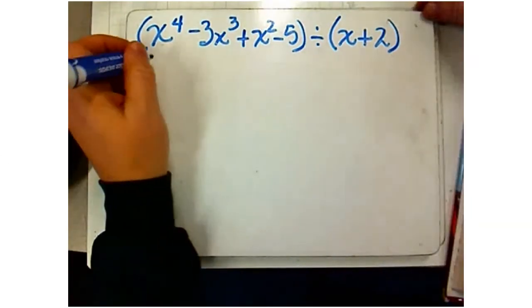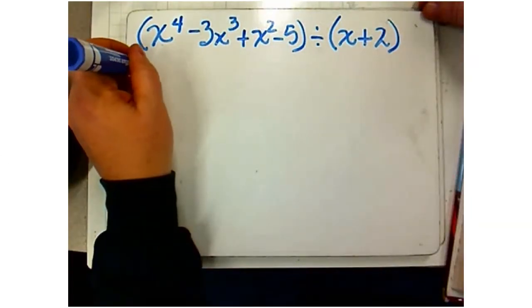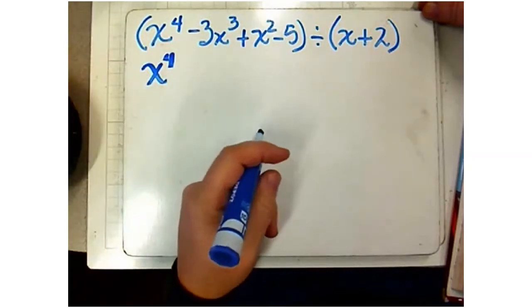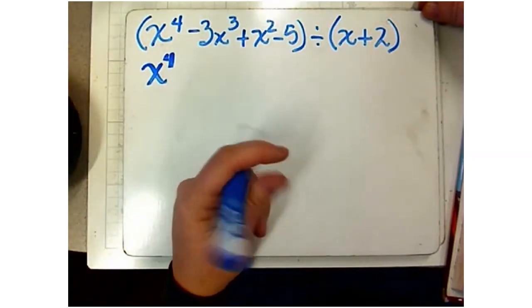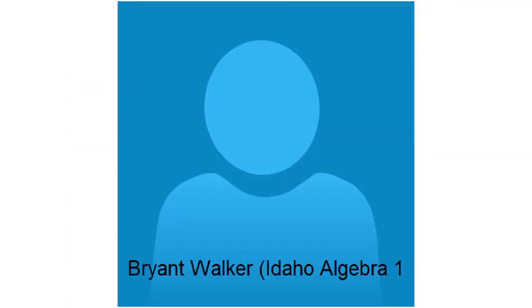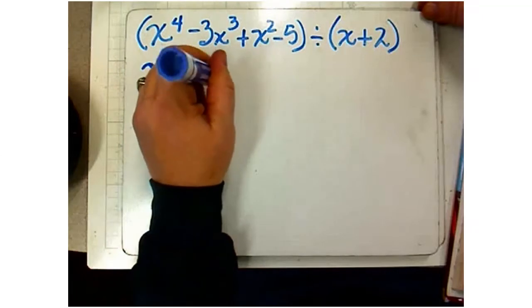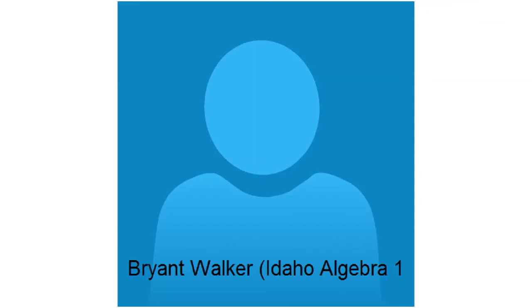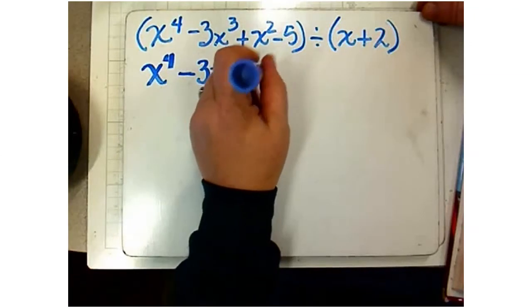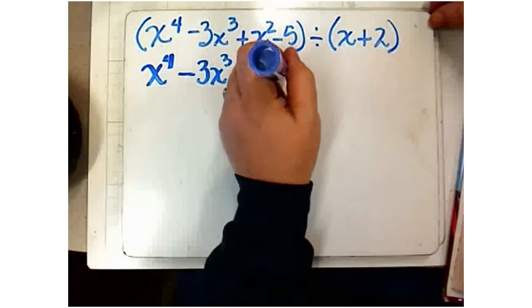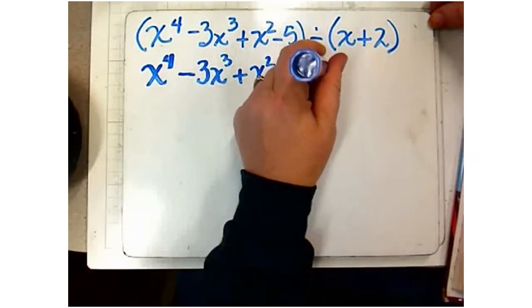So everybody rewrite your polynomial. X to the 4th minus 3x to the 3rd plus x to the 2nd. And notice there's not an x, so we need to say plus 0x.